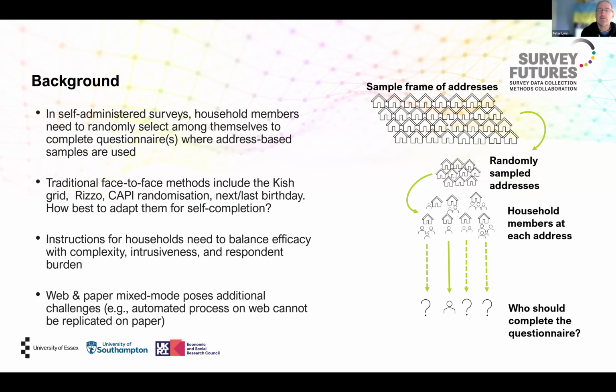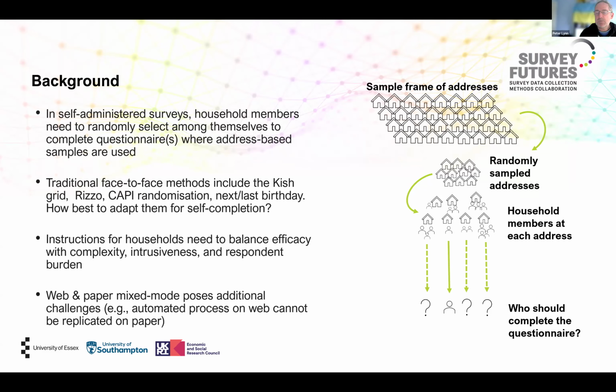We're relying on the household members to do this for us. And we also don't want the method to be so burdensome or so intrusive that it'll put people off from taking part in the survey at all. So it's that balance between having something that is effective and something that is actually feasible and operational that we're looking for.